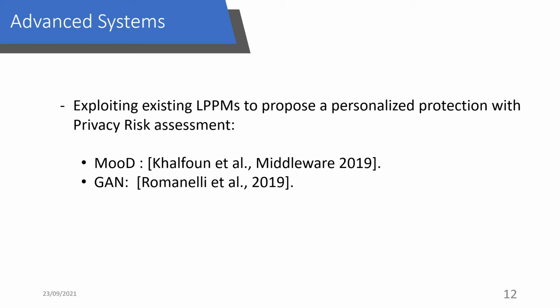GAN generates noise with a generator network and calibrates its level thanks to the discriminator network based on user identification assessment. And finally, ALP, adaptive location privacy, which finds the best privacy utility trade-off thanks to a simulated annealing algorithm.